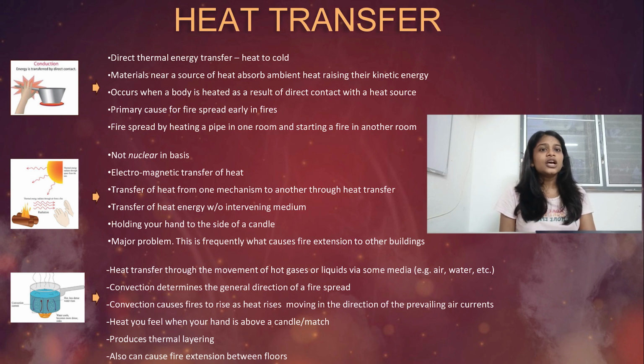Convection causes fire to rise as the heat rises, moving in the direction of the prevailing air currents. As you feel the heat when your hand is above a candle. The heat usually produces thermal layering, and it can also cause fire extensions between floors and so on.